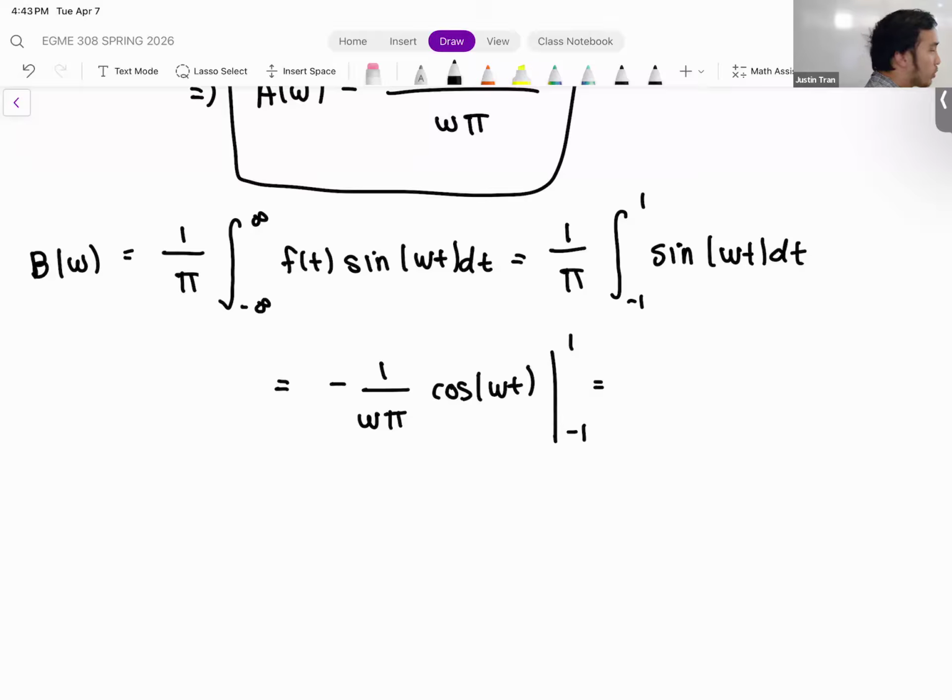All right, so let's plug in our integration bounds for t. So that's a -1 over omega pi, times cosine of omega minus cosine of minus omega.